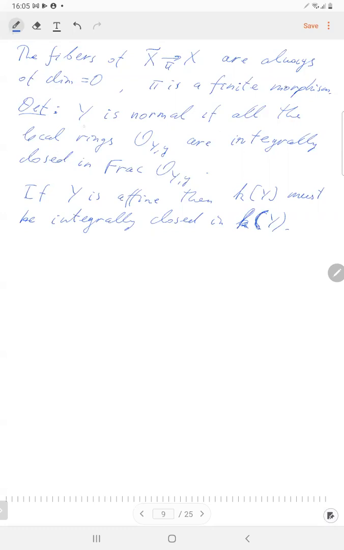Okay, and now I gave a definition of a normal variety, but I didn't say yet what is normalization. Normalization is some canonical, well, universal procedure that replaces an arbitrary variety by a normal one. And I will define it in some more general setting.